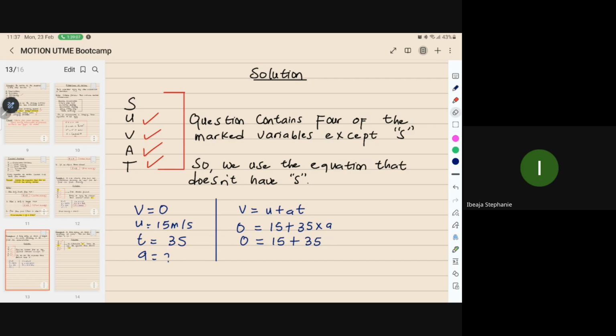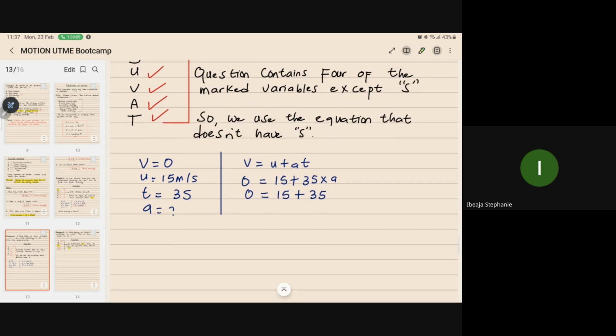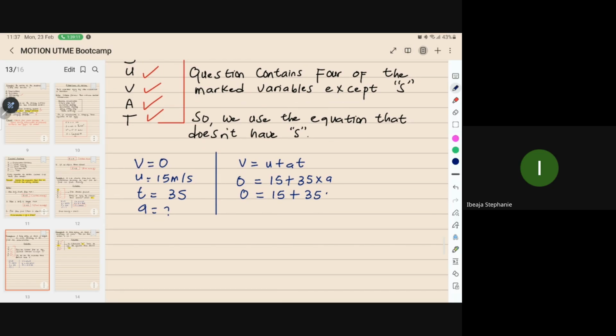Are we together, my people? All right. So this is just normal mathematics. So I'm going to have that minus 3A is equal to 15. Is the time 35 or 3 seconds?